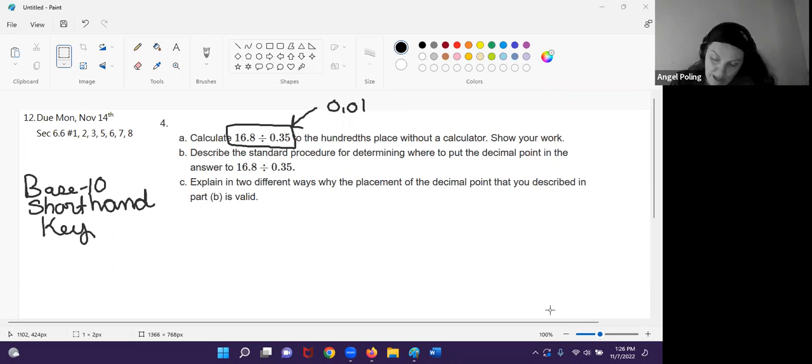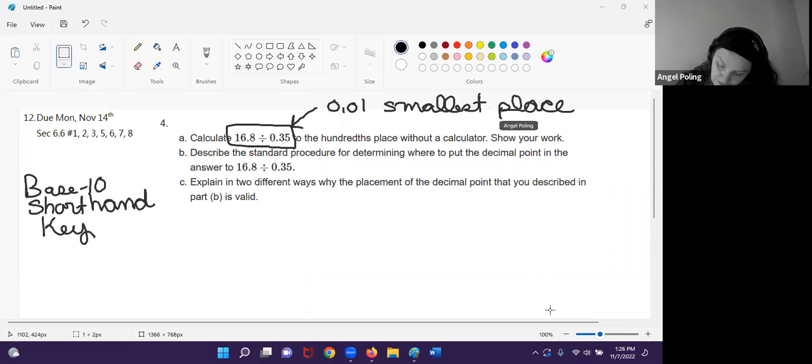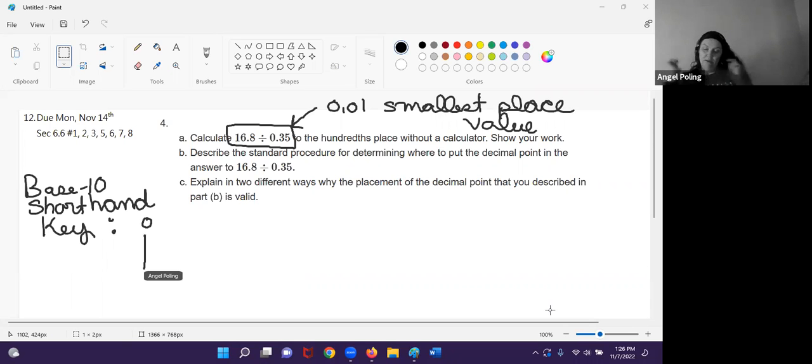There you go. So that's the smallest place value. That's your unit. So in our key, we have circles. Those are called units. We have a long, it's called a long in some books, it's called a rod in others.